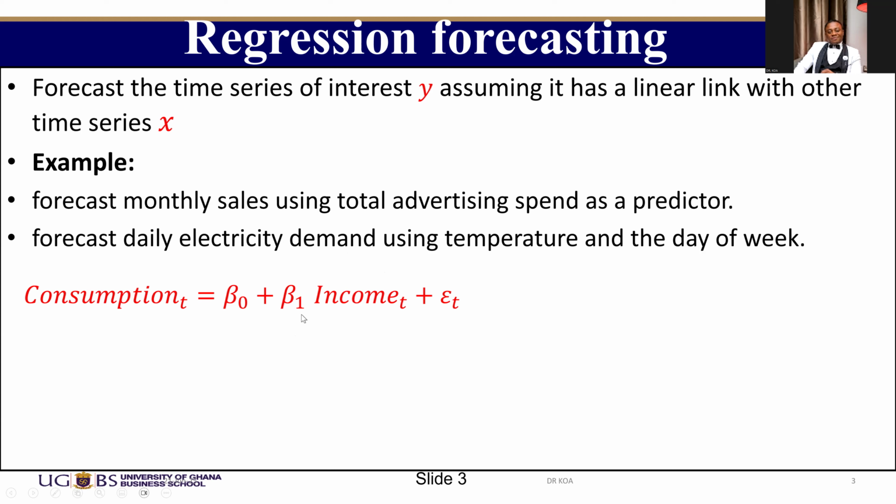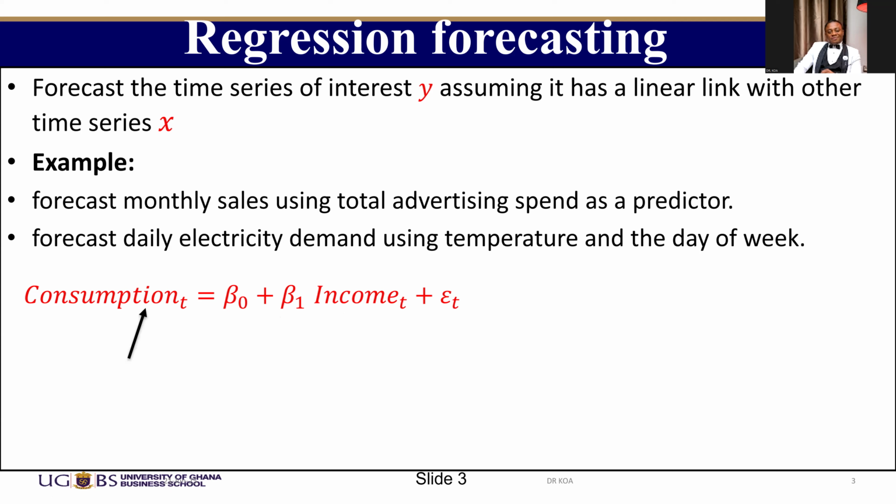The beta one is the marginal effect of income on consumption. Yes, we know consumption depends on income, but by how much? Beta one tells you by how much income affects consumption, by how much the regressor affects the regressand.